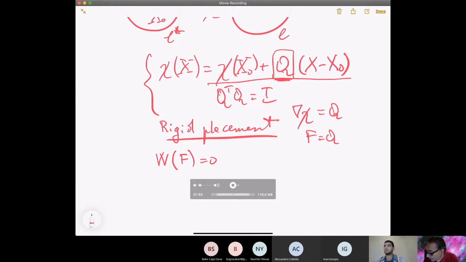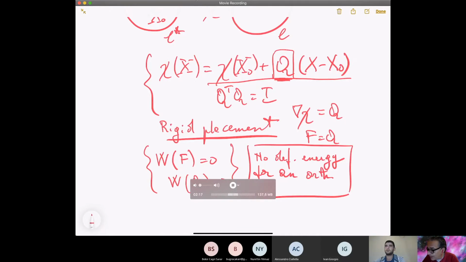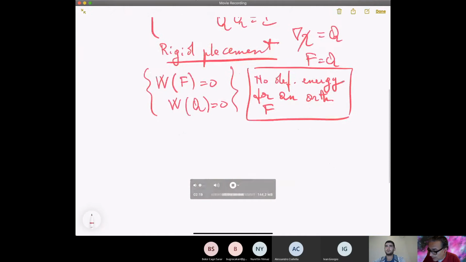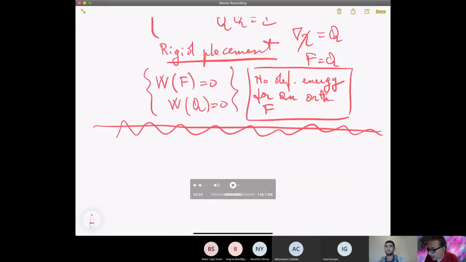We have that W of every orthogonal matrix has to be 0. So no deformation energy for an orthogonal F. Okay, this is an important requirement for deformation energy.